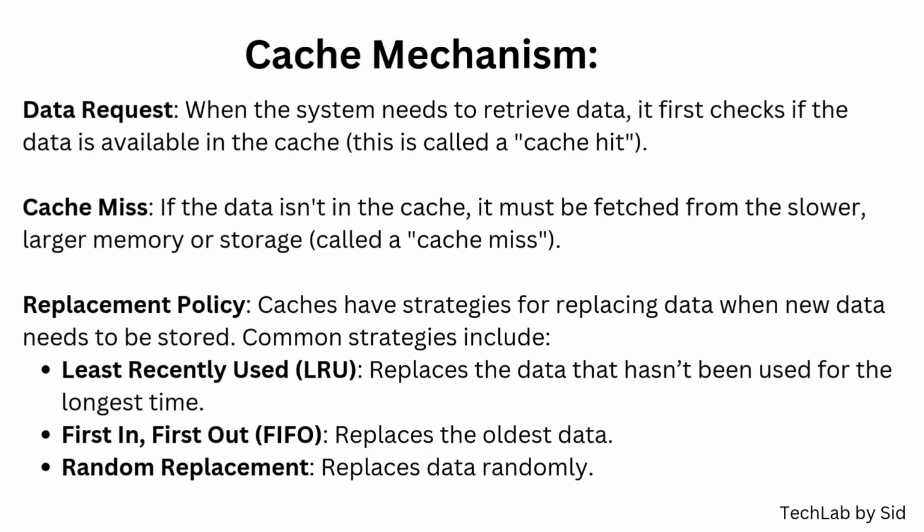Caches have strategies for replacing data when new data needs to be stored. Common strategies include least recently used, or LRU, which replaces the data that hasn't been used for the longest time; first in, first out, or FIFO, which replaces the oldest data; and random replacement, which replaces data randomly.